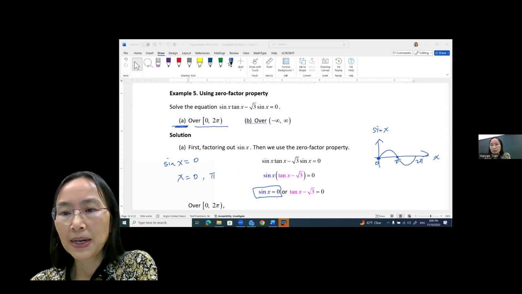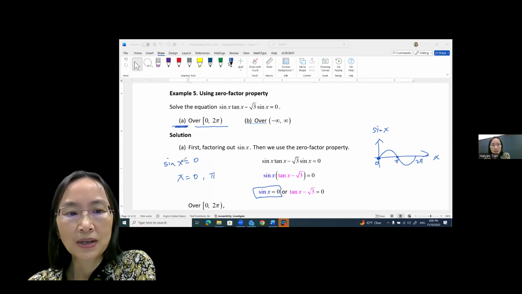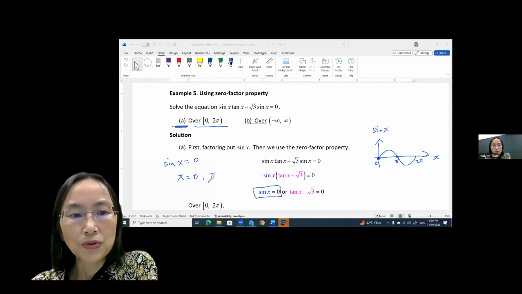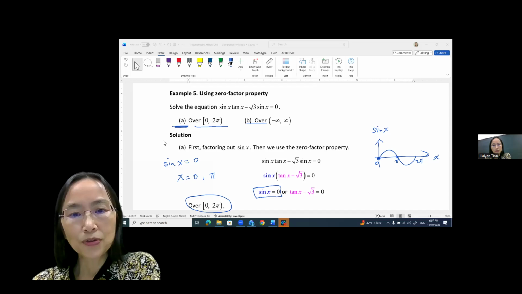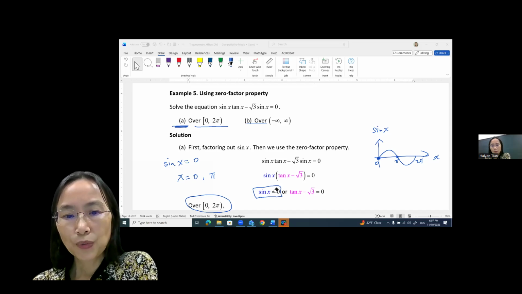At these two places, sine x will be 0. We have found two solutions over this interval. So we just solved the first equation, sine x equals 0.